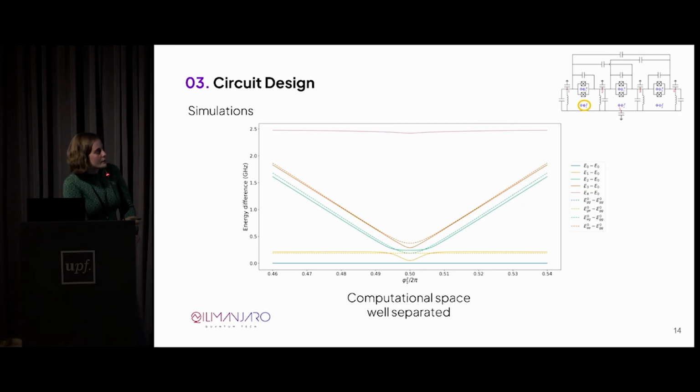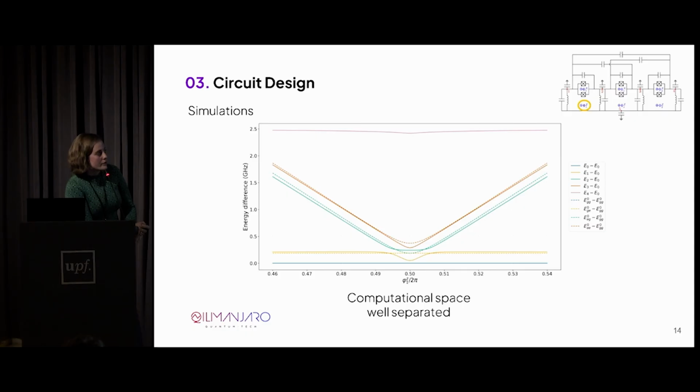And here we have represented in solid lines the energies from the interacting system, and in dashed lines the energies from the non-interacting system. And the important thing to notice here is first that the 4 first energy levels are well separated from the 5th one. This is something that you want because remember that our computational space are these first 4 energy levels.